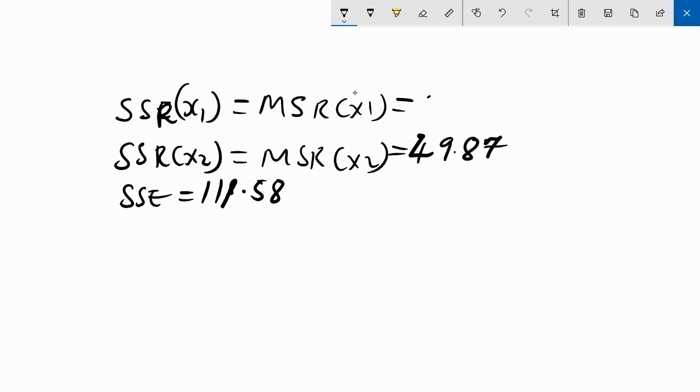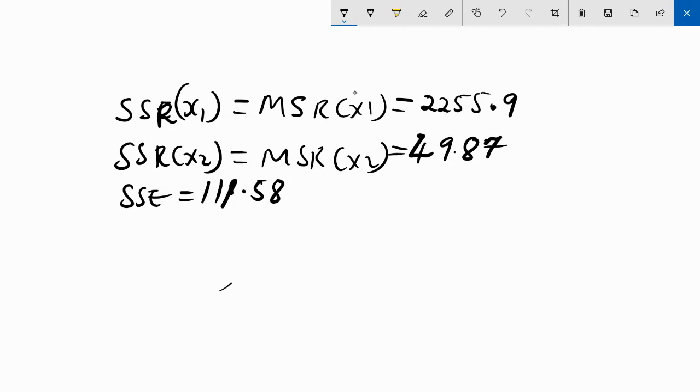Yes. And then for x1 is 2255.9. Can someone confirm the values?